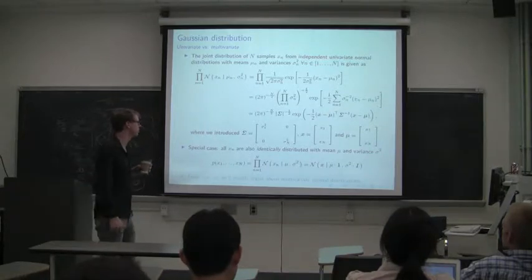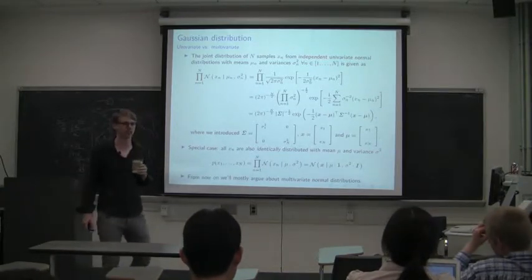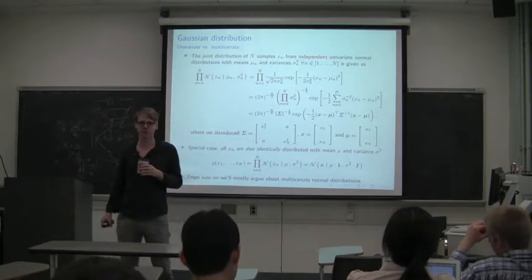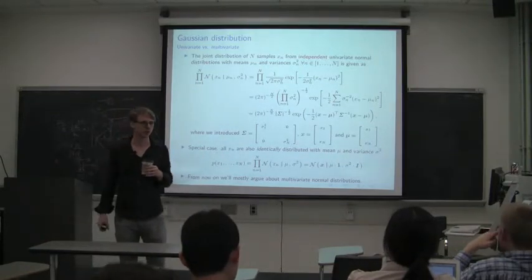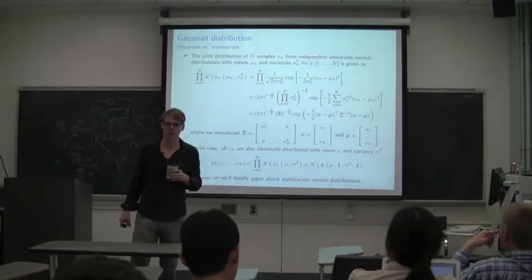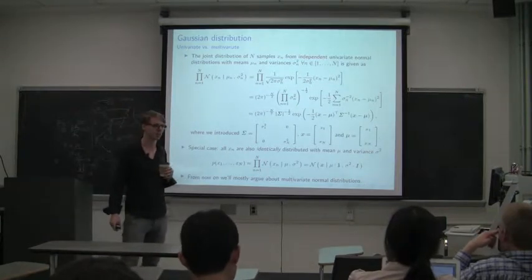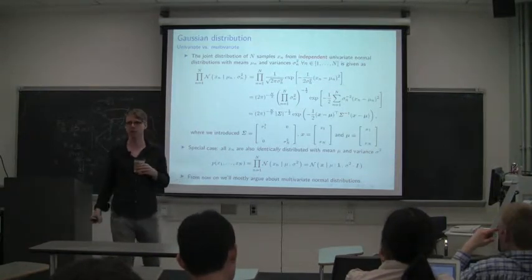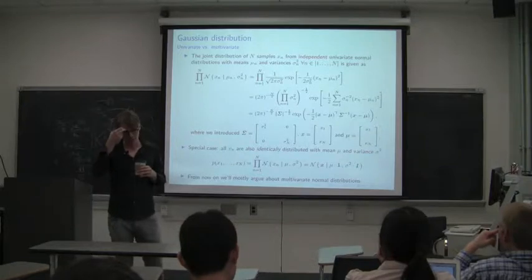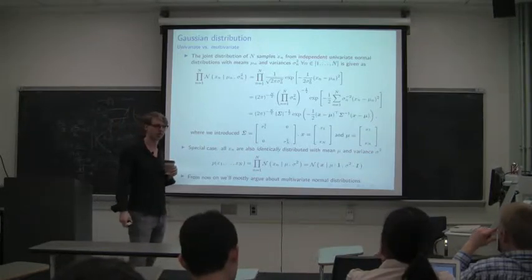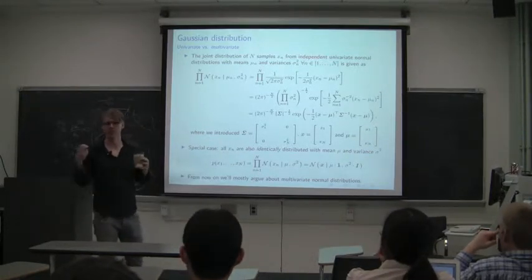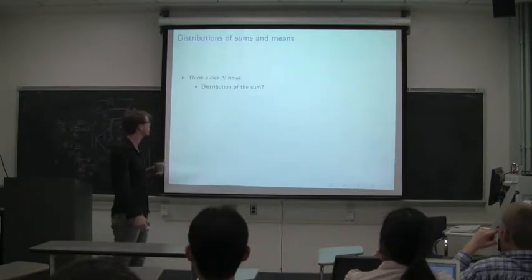Why is this helpful? Because we don't have to say everything many times for univariate and multivariate Gaussian distributions, because univariate Gaussian distributions are just a special case of multivariate Gaussian distributions. And we'll only go to univariate Gaussian distributions if we need some insights.